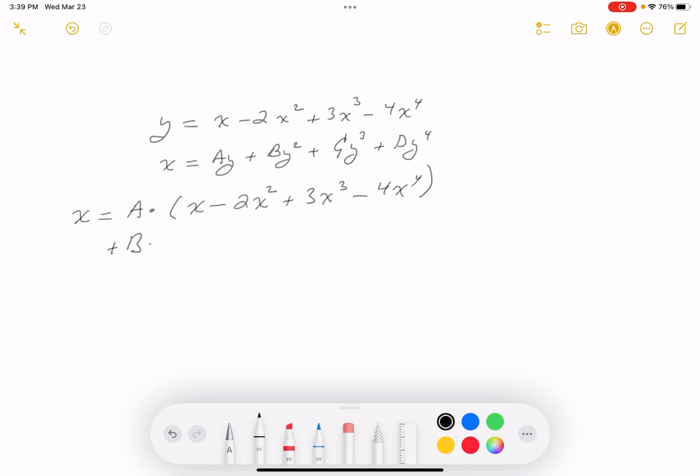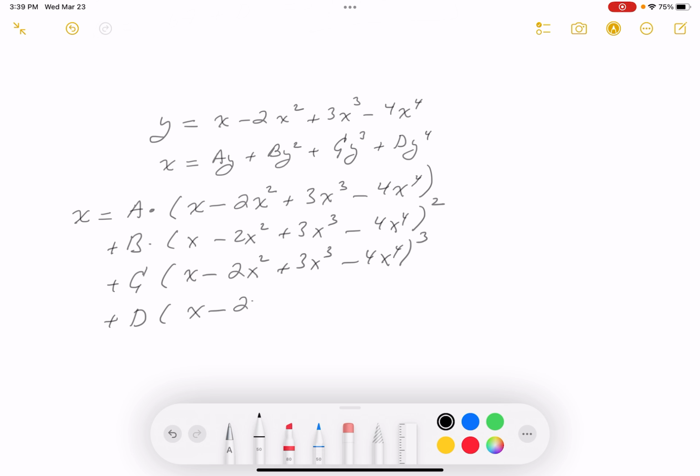Plus b times (x minus 2x squared plus 3x cubed minus 4x^4) squared, plus c times (x minus 2x squared plus 3x cubed minus 4x^4) cubed, plus d times (x minus 2x squared plus 3x cubed minus 4x^4) to the 4th power. Right now, certainly my claim is we're getting a little better at this, but we're never going to be perfect at it. This is not easy.